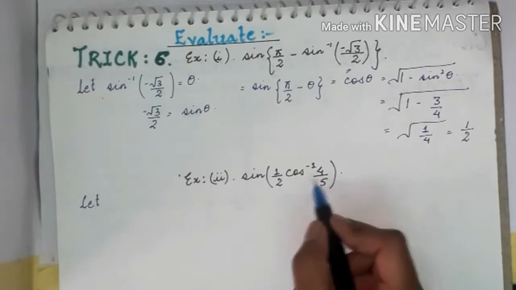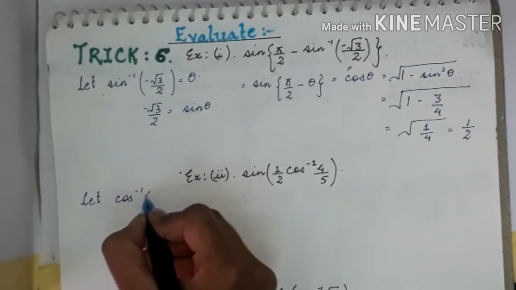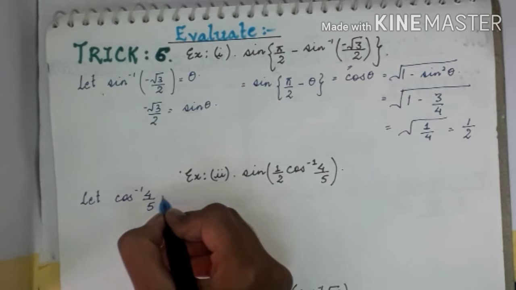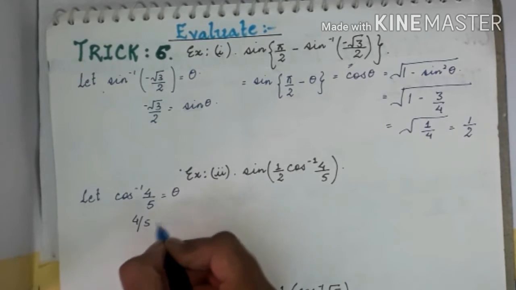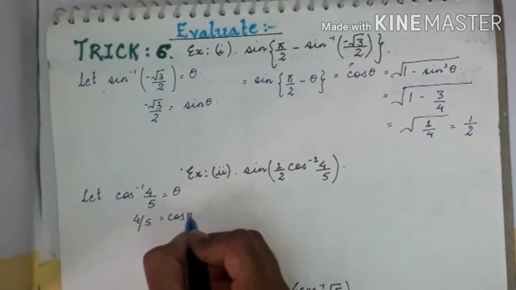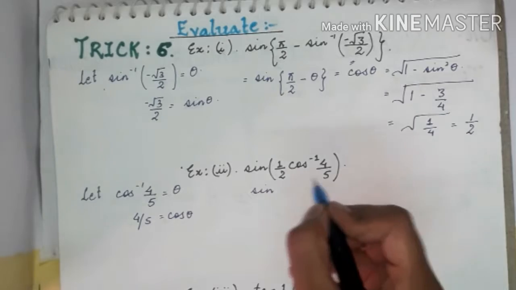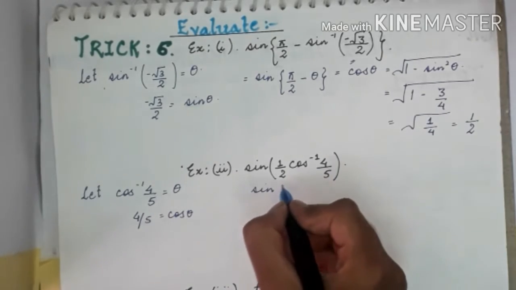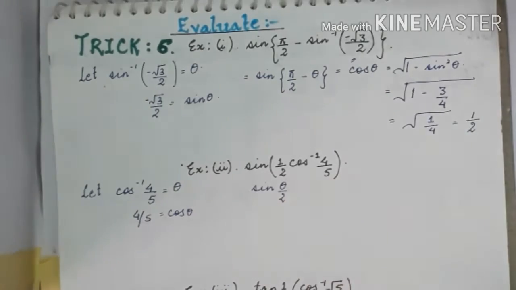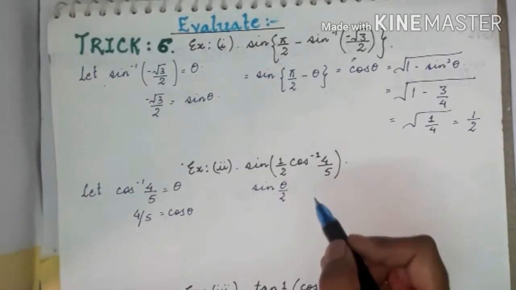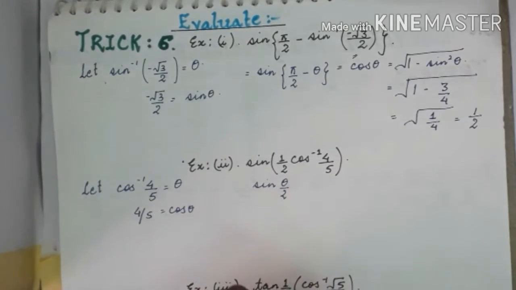In this question, you will let cos inverse 4 by 5 be theta. There is one more trick in these two questions. See, so now 4 by 5 is equal to cos theta. Now let's see here. What you have got? In place of cos inverse 4 by 5, we can write theta upon 2. Now you have to find sine theta by 2 when cos theta is given.